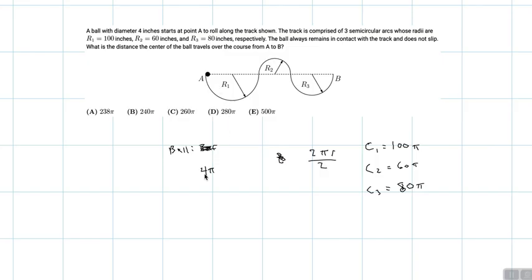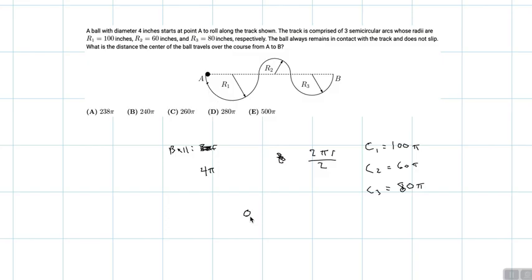Is it how many times 4 pi goes into 100 pi? Imagining if this were just 4 pi, cut it off here. How far is the center of the ball traveling if this is just 4 pi? Yeah, just think about that for a second.